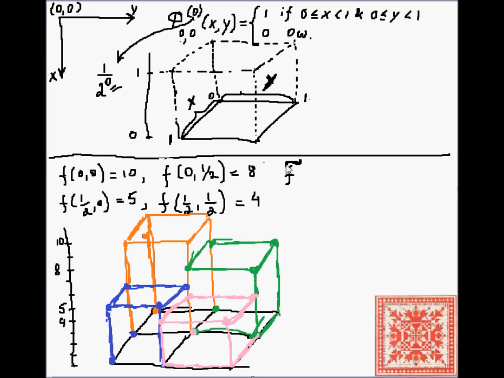So the approximation f tilde, with basically the same notation as the one we used in the one-dimensional space, is going to be equal to 10 times phi 0 sub 0, 1. And this will be this cube, plus 8.